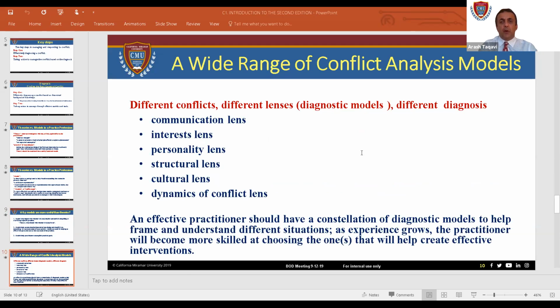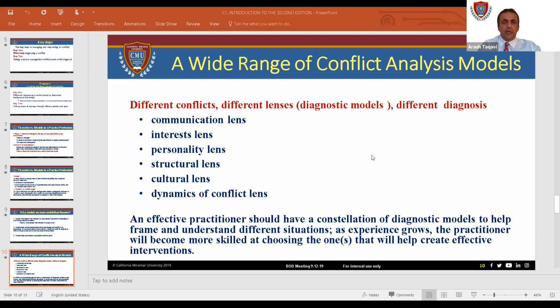A wide range of conflict analysis models. Different conflicts, different lenses. There is no one single absolute model for all conflicts. There are some general models, but you cannot say that, for example, these 9 models are absolutely useful for all situations.